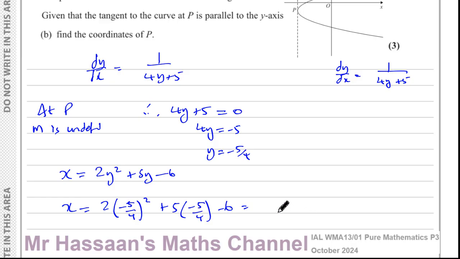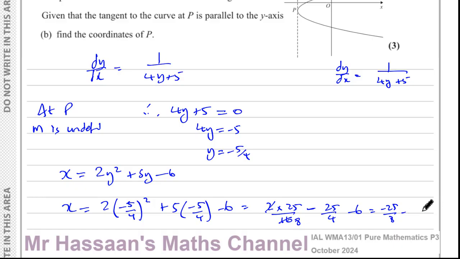That gives you 2 times 25 over 16 minus 25 over 4 minus 6. That cancels with that, giving you 8, so that's 25 over 8 minus 50 over 8, which is minus 25 over 8.